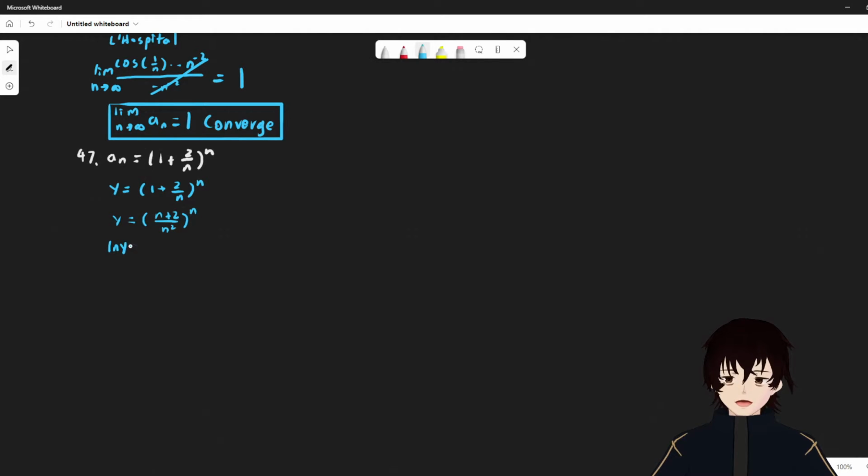Natural log of y is equal to n natural log of n plus 2 over n squared, which is equal to n times natural log of n plus 2 minus natural log of n squared. That still doesn't help.